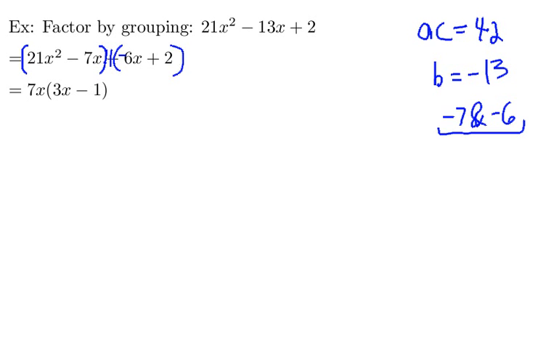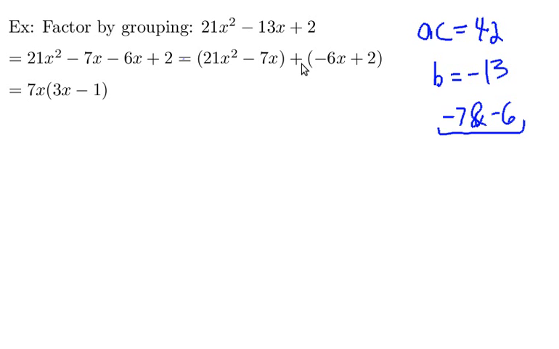So, negative 6x plus 2. Okay, let's clear this stuff off. The reason I did it this way is because you can't just put parentheses around there like that. I'm very glad I caught that before I went too far.